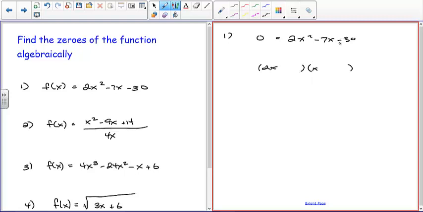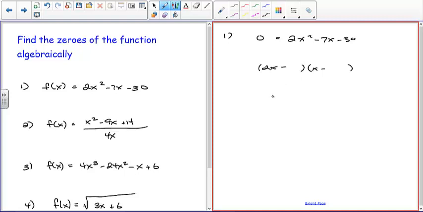And because I have a negative sign here, I know that one of these has to be negative, one has to be positive. And because this middle term is negative, the larger number has to go with the negative part.